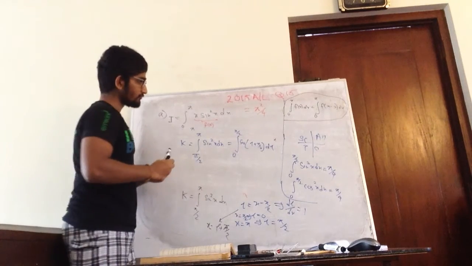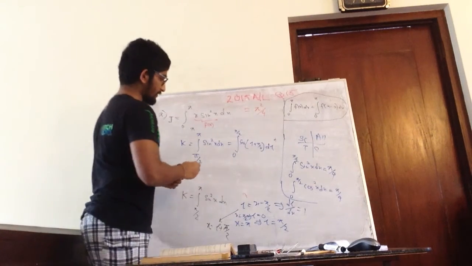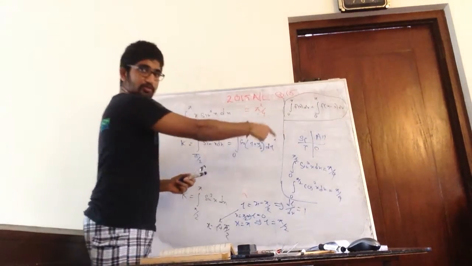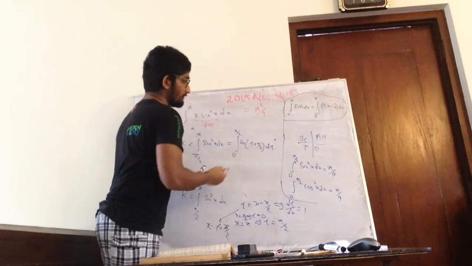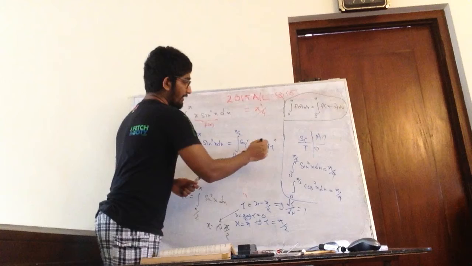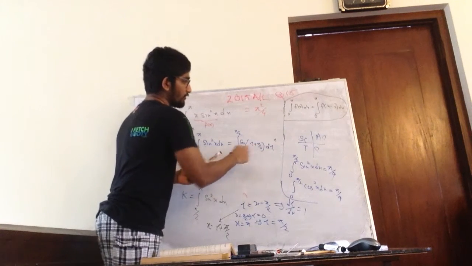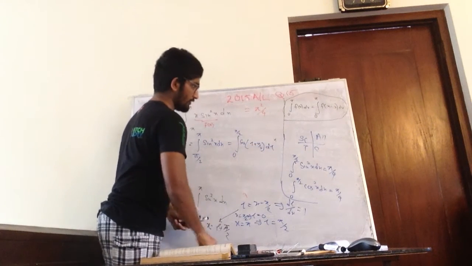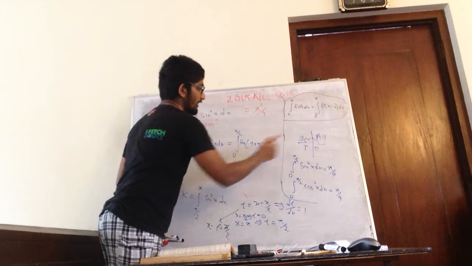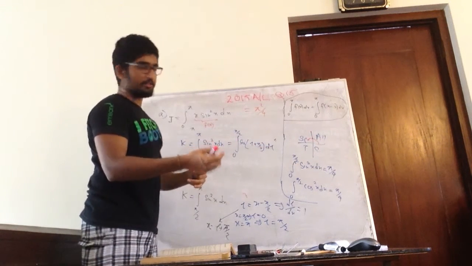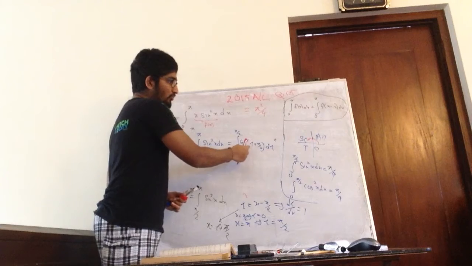Now what is this? Yet again you should use the ASTC rule. L is in the first quadrant, so the sign is positive, and because it's pi over 2 plus L, this will become cos.